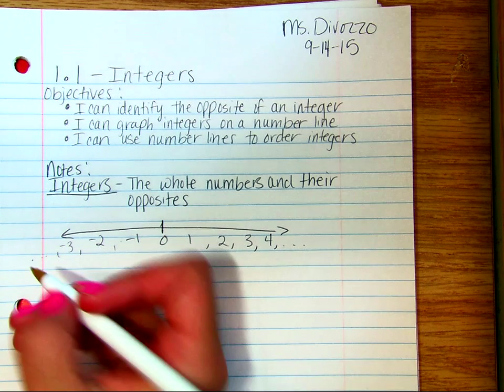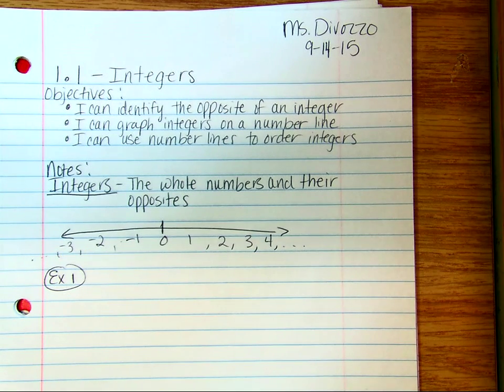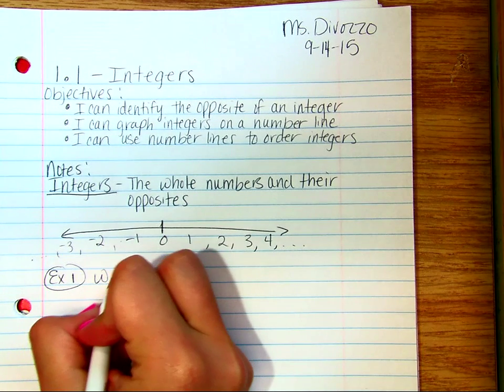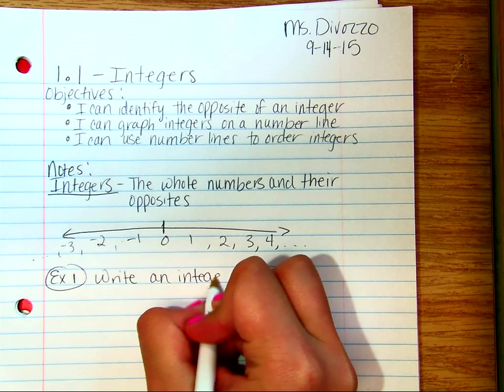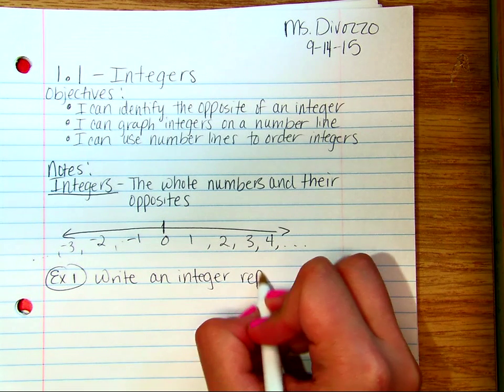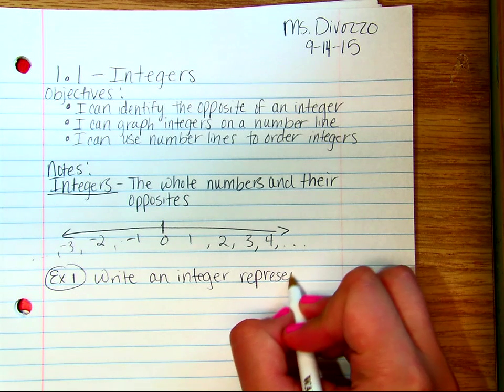So if I were to ask you, here's an example problem. We'll say example 1. If I were to ask you to write an integer represented by each point on the number line.